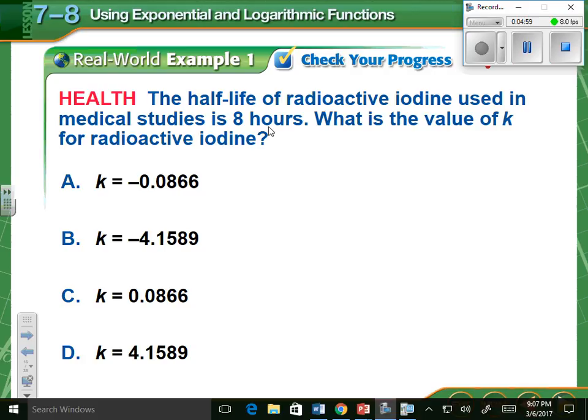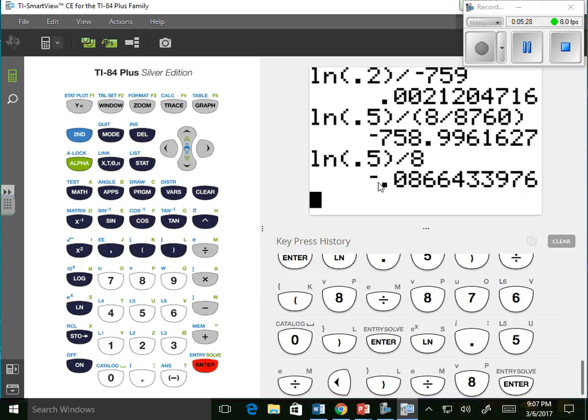And so when you set up the 0.5A equals A times e to the negative k times 8, then basically you can just divide the natural log of 0.5 by negative 8 and you get 0.0866.